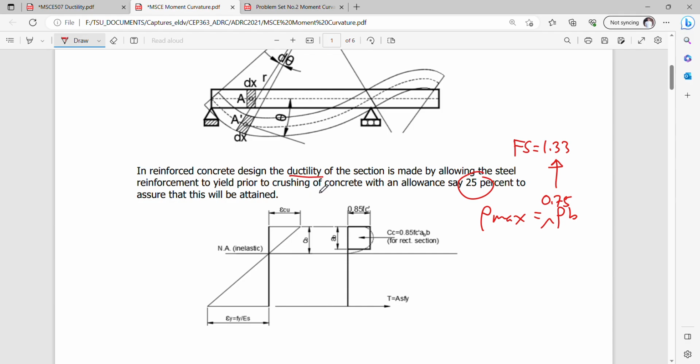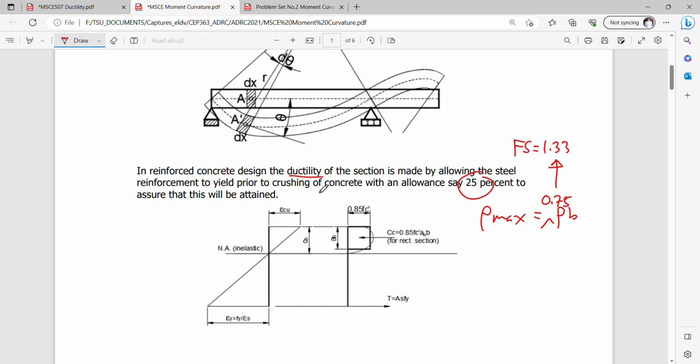Because of some errors in the computation or in the dimensional characteristics of your beam, and some property errors of your materials, we need to allow a factor of safety which is 1.33, limiting your rho maximum as 75% of your rho balance.